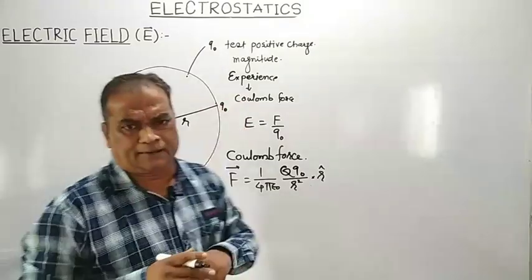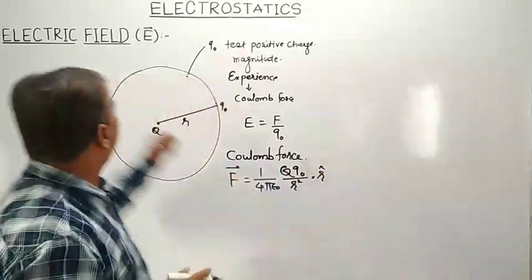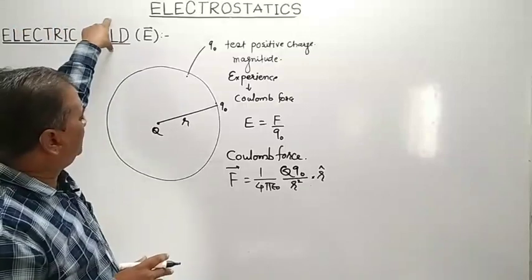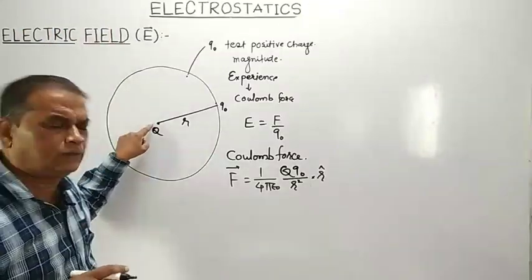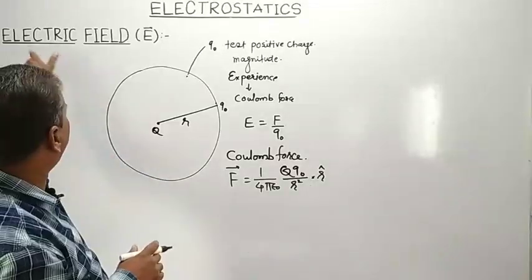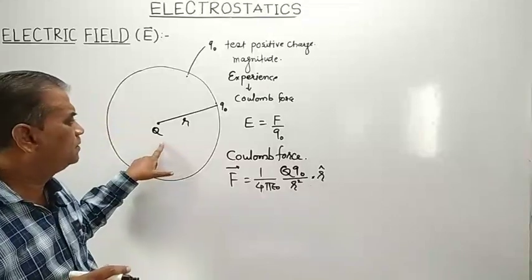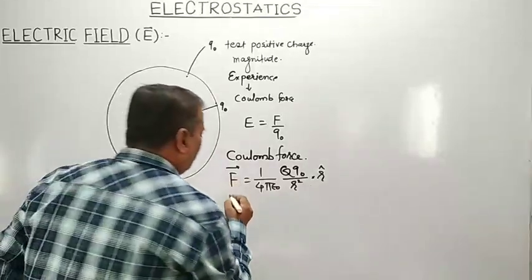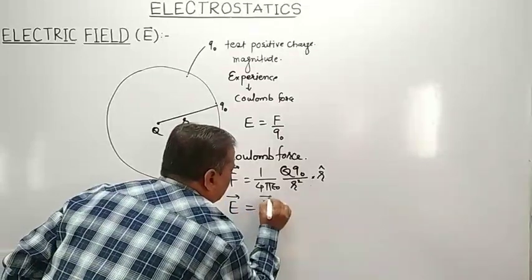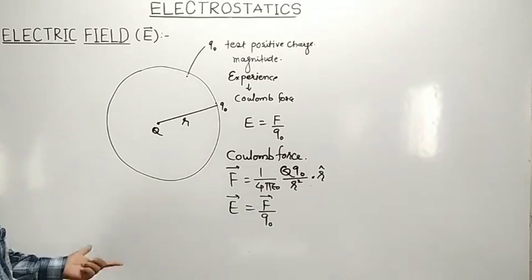Now, by definition, what is the electric field? Electric field due to charge capital Q at a distance r from it, by definition, E must be equal to vector F divided by that test positive charge Q0.